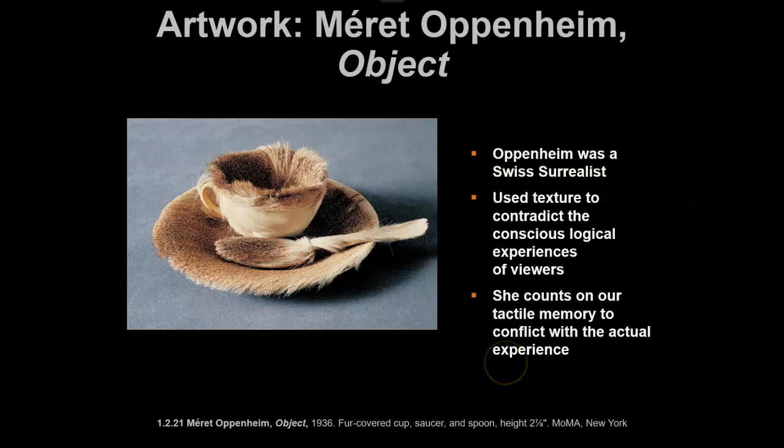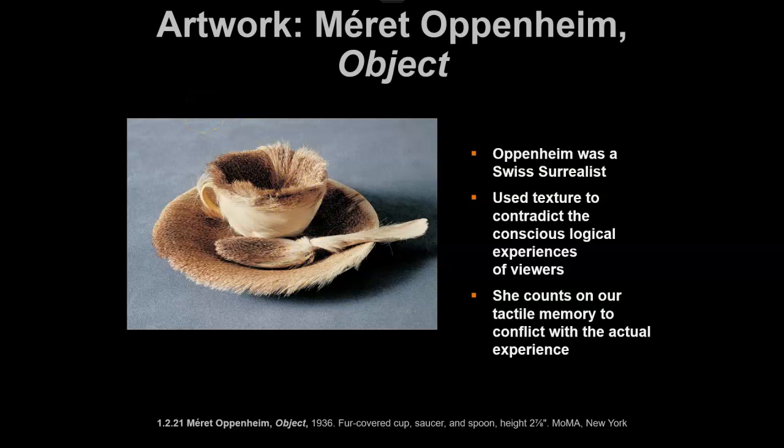For example, in Oppenheim's Object, she uses texture to contradict our logical experiences of things. Here we see a fur-covered cup, a saucer, and a spoon.